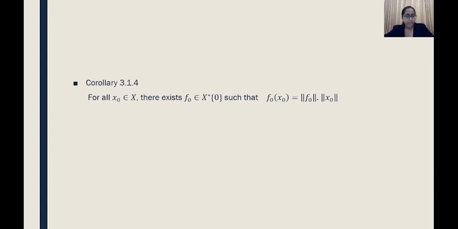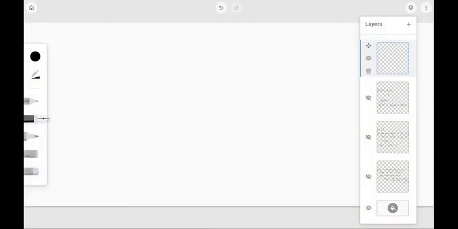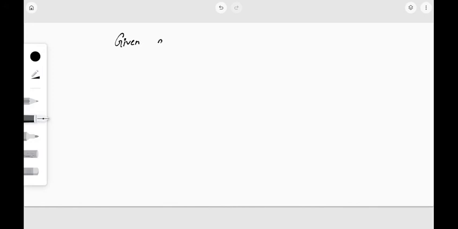So now let's see how we can prove this corollary. I have stated that we have to use the previous corollary. For that we need to have an element which is there in the unit sphere, right? So we are given an element x dot.